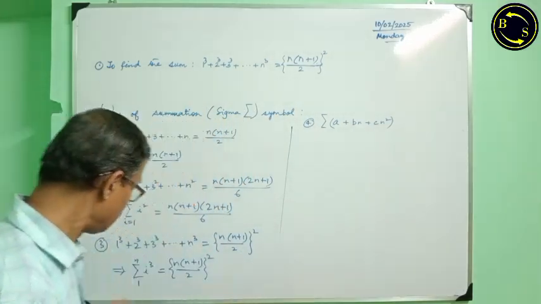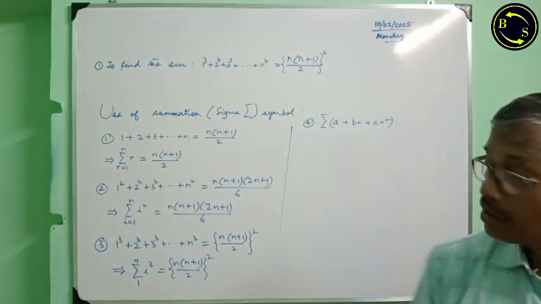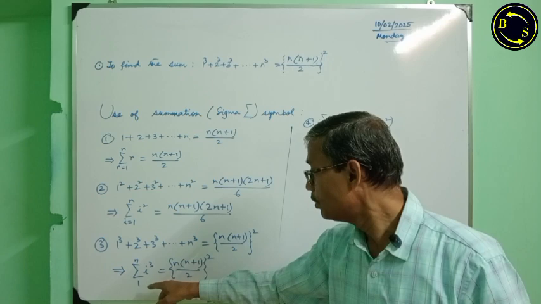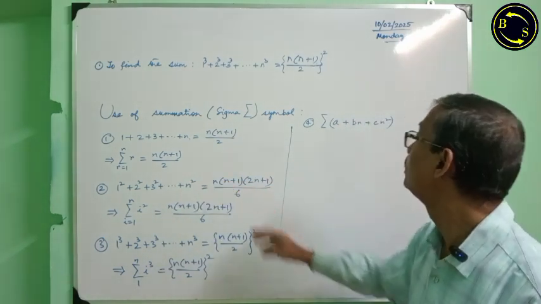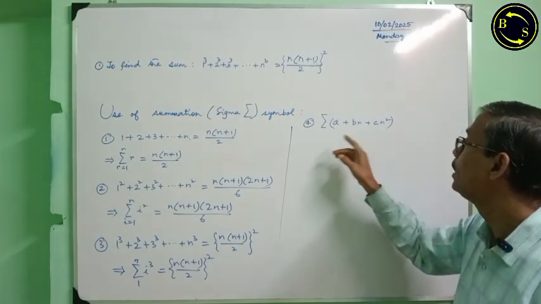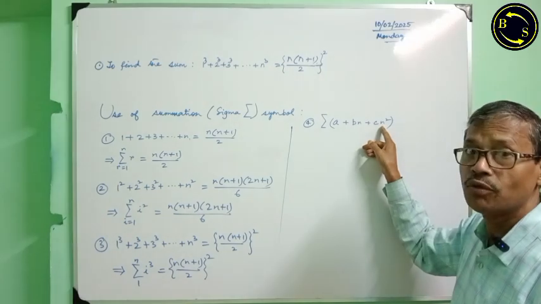Already I have mentioned that after learning, we omit 1 to n or r equal to 1 to n like this. Therefore, the meaning of this is n starts from 1.